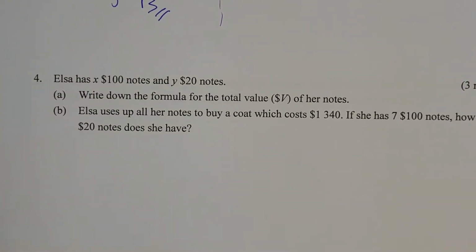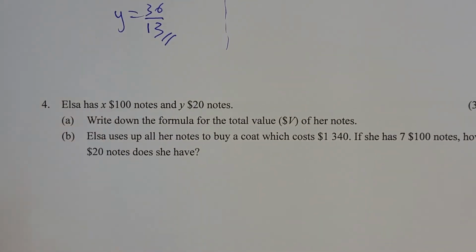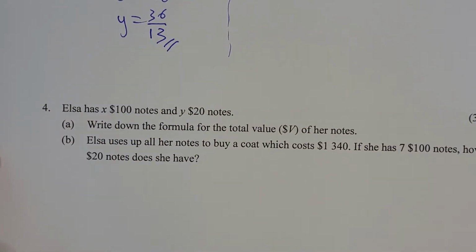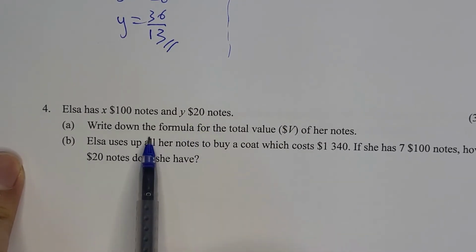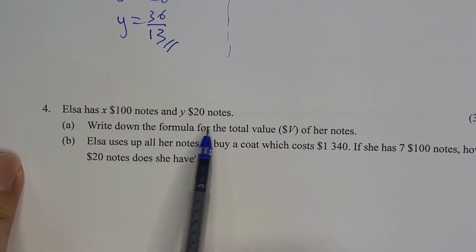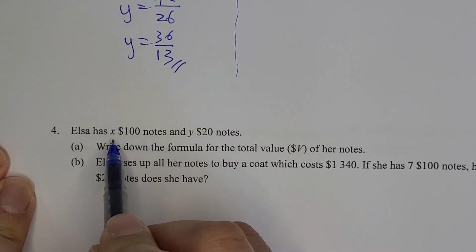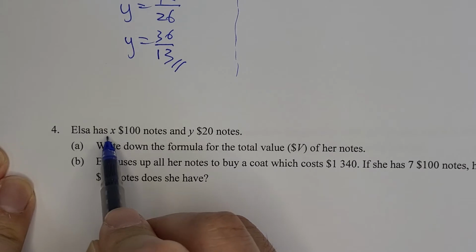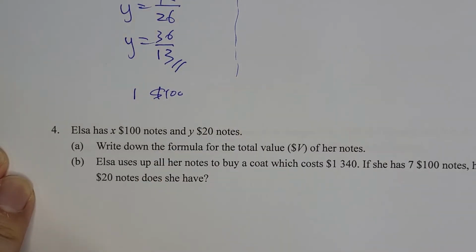So go to question number 4. Elsa has X $100 notes and Y $20 notes. Write down the formula for the total value of her notes. Okay. Suppose X is 1, then she will have $100, right?